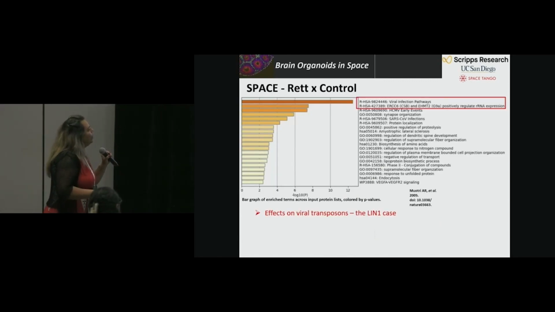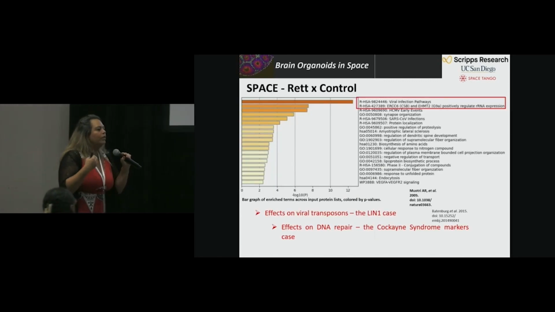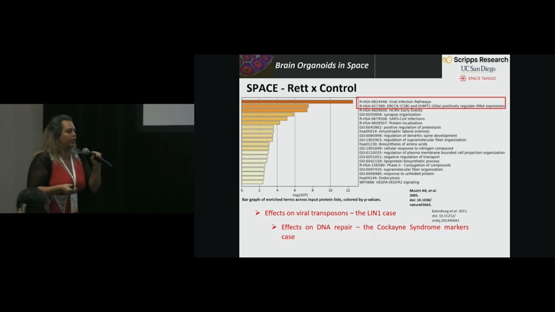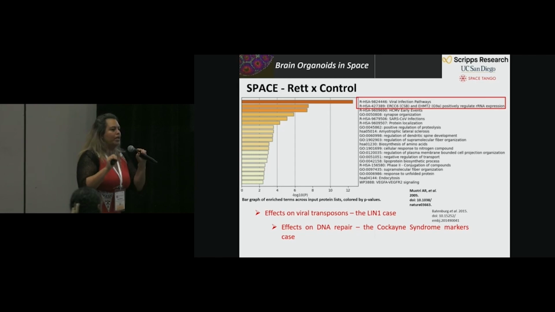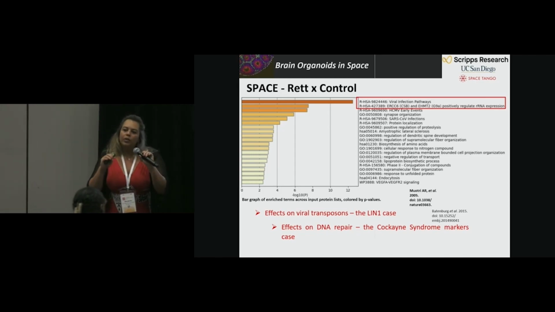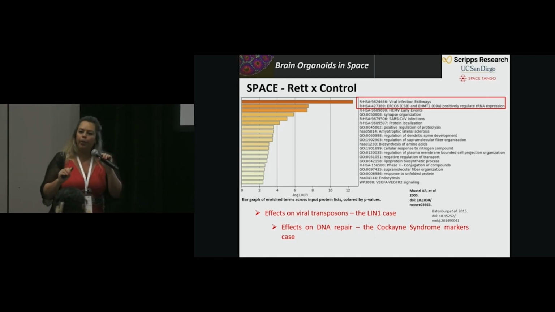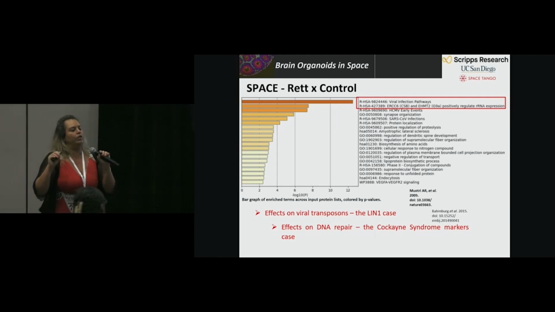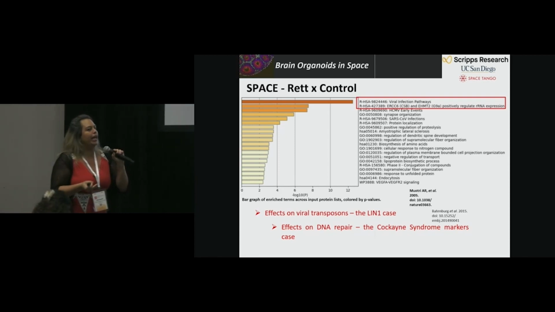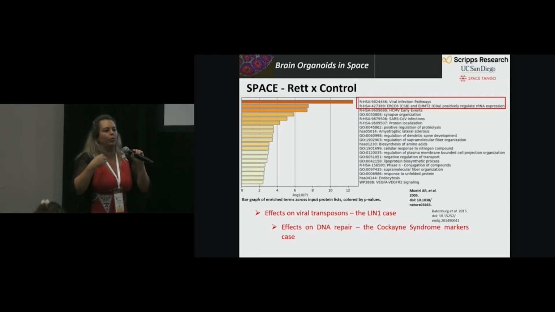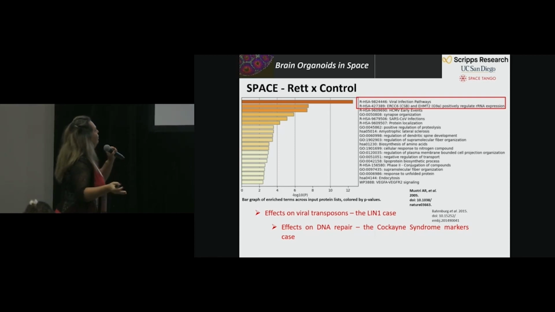One of the clusters of proteins that was enriched was proteins related to transposon elements. And transposon elements are really important in neurodevelopmental diseases. And this was really intense on these organoids that were suffering microgravity events.